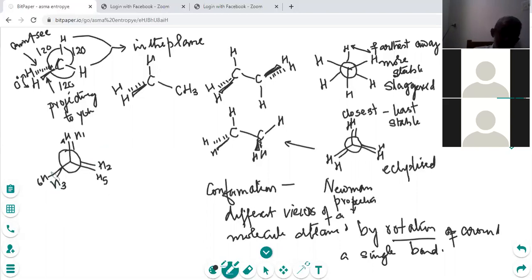The back carbon only, keeping the front carbon intact. My rotation is clockwise. And remember, this is a 120 degree angle, this is 120 degree, this is also 120. Okay, now I'm rotating it. I rotate this by 60 degrees.